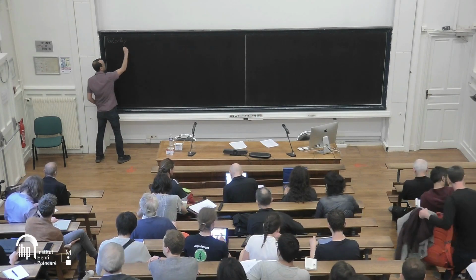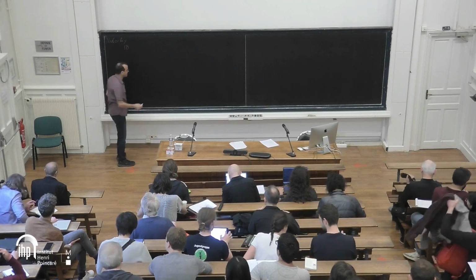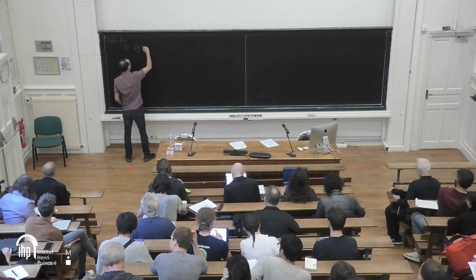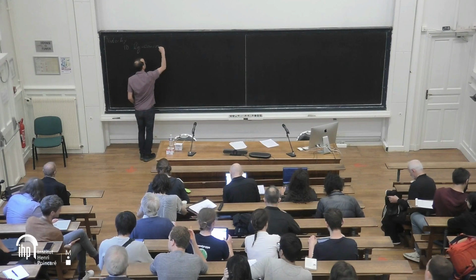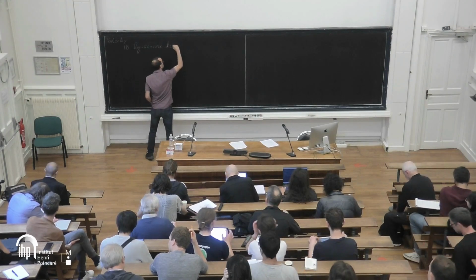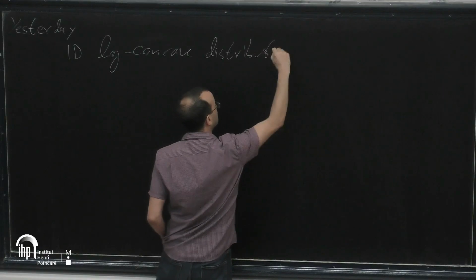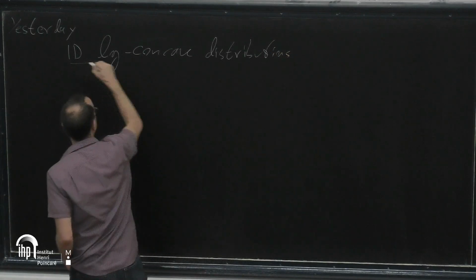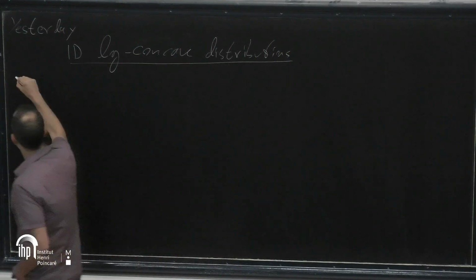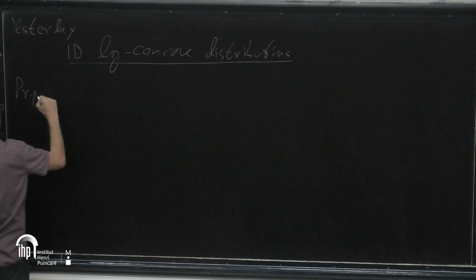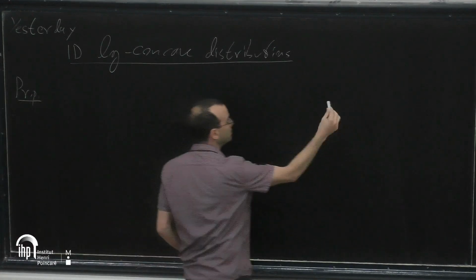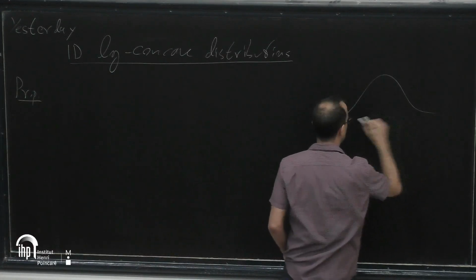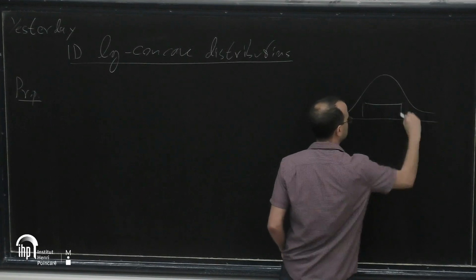We discussed, at the end of yesterday, one-dimensional log-concave distributions. Let me just remind you, there was a proposition that basically they are all bounded between some exponential and the constant function.